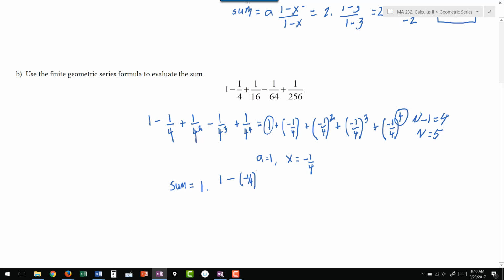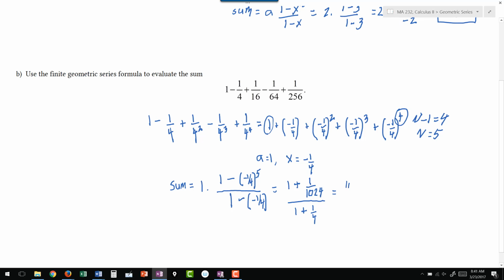So we plug in a is equal to 1, x is equal to minus a fourth, that gets raised to the 5th power, and the denominator is 1 minus negative a fourth, so we do have to be a little cautious keeping track of our minus signs. So overall, our numerator will be 1 minus negative a fourth raised to the 5th. That introduces an extra minus sign which cancels. And then in the denominator, again, we have 2 minus signs, so we'll get 1 plus a fourth.